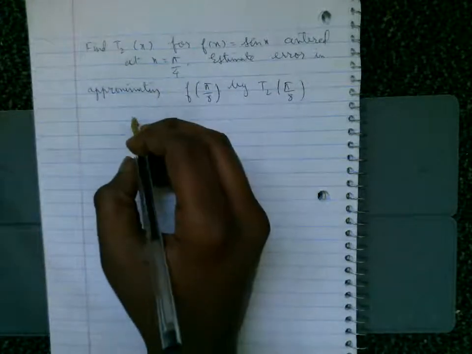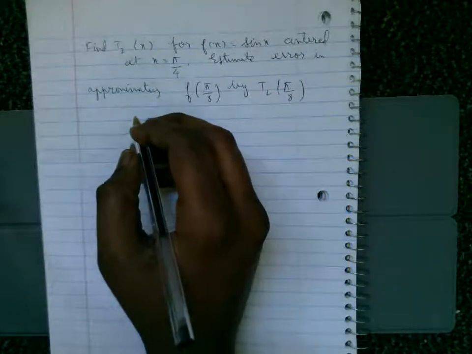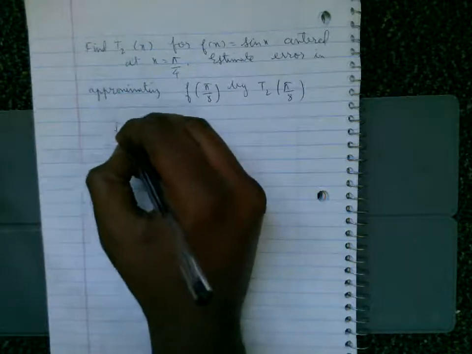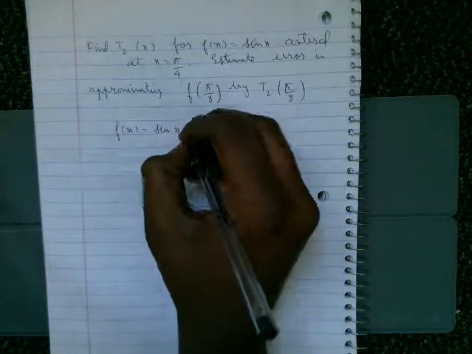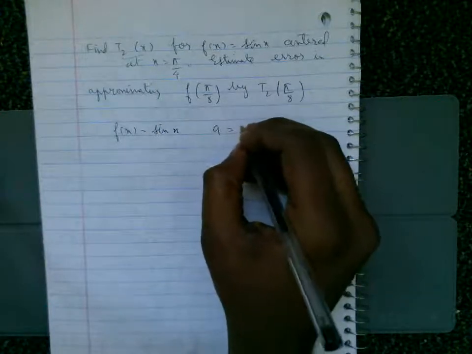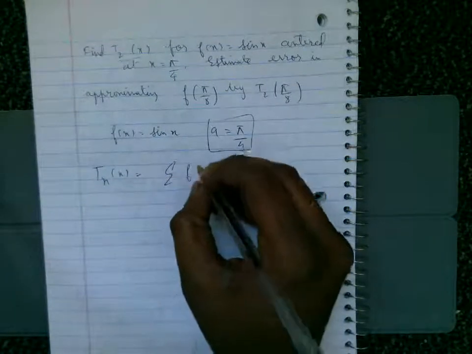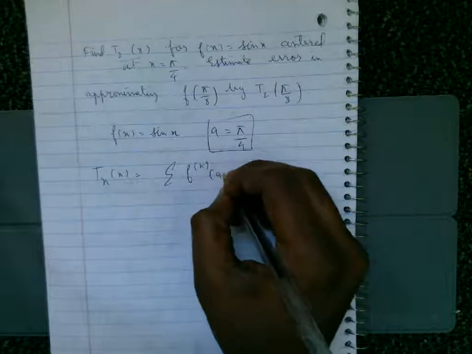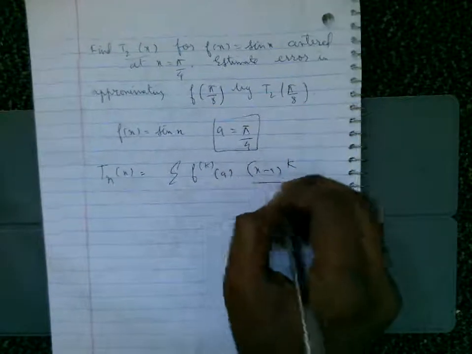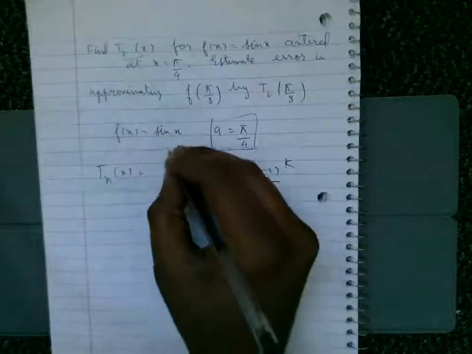So now let's get down to another question where we have to find the Taylor series for this function f of x is equal to sine x, and the second degree Taylor polynomial centered at x is equal to pi by 4, which means we'll have to take a is equal to pi by 4. Remember that the Taylor polynomial for n terms is the sum over f k of a times x minus a to the power k by k factorial, k running from 0 to n.